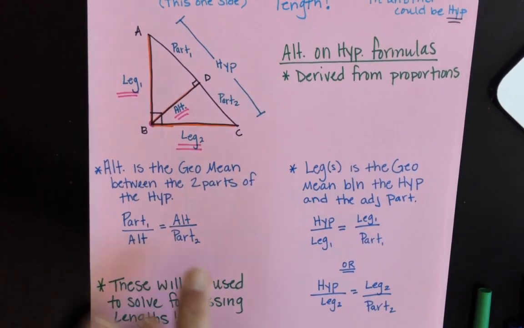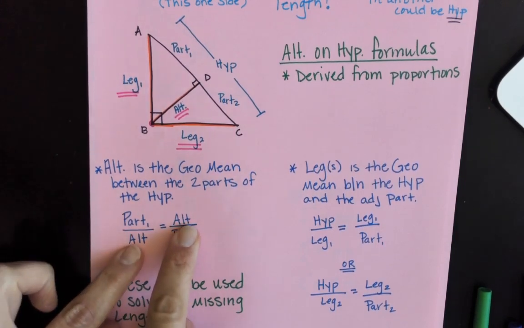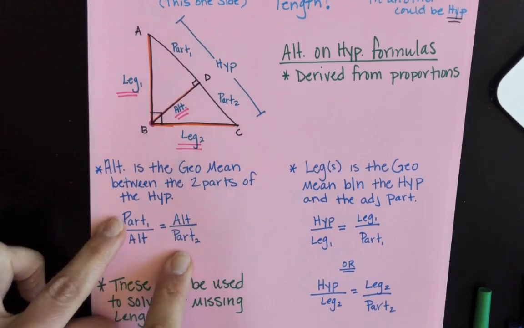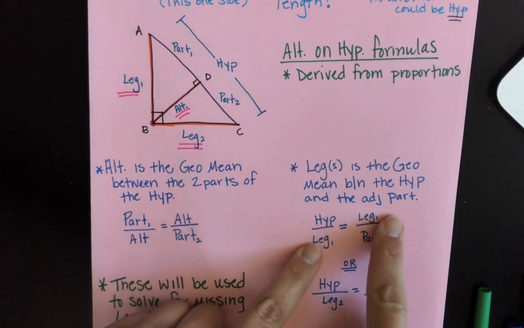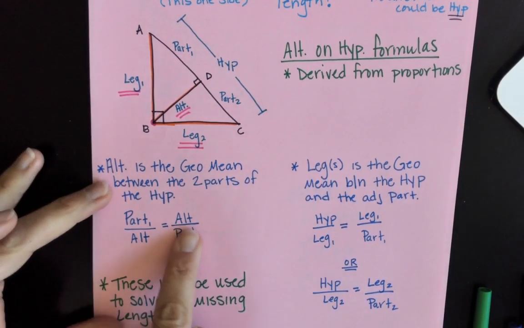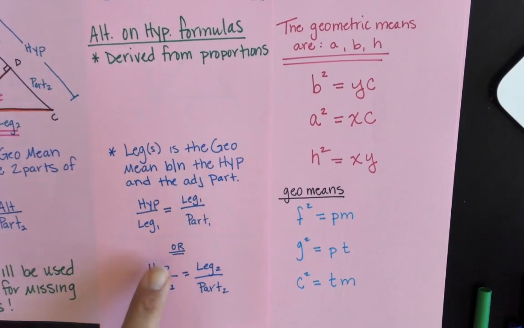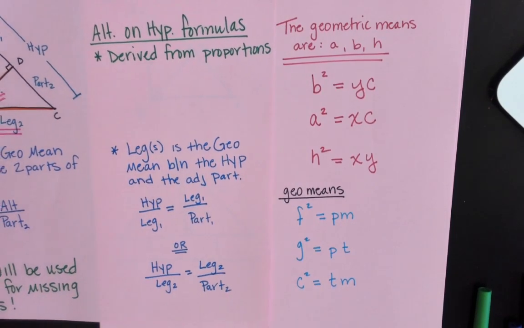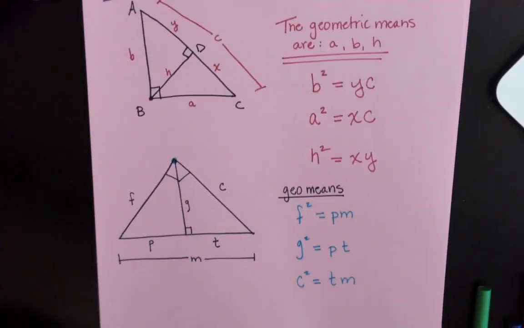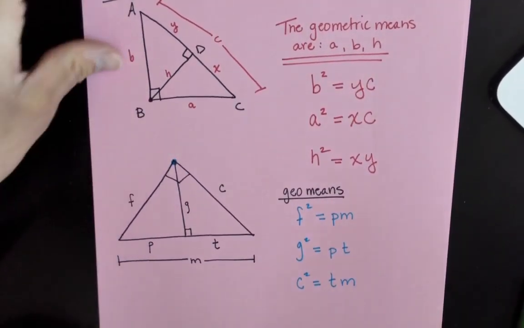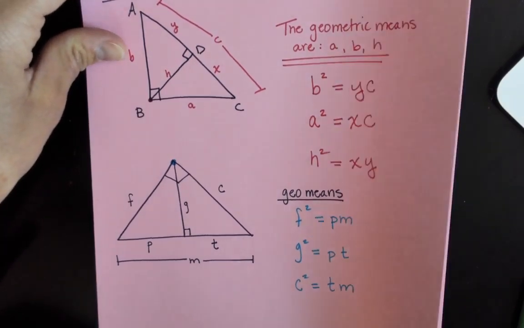If we were to match up where we see the altitudes being repeated or the legs being repeated, all of these formulas that I have right here come from these proportions. We've just already done the cross multiplication. So, finally, last thing we're going to look at today is so that we can see where this is going.